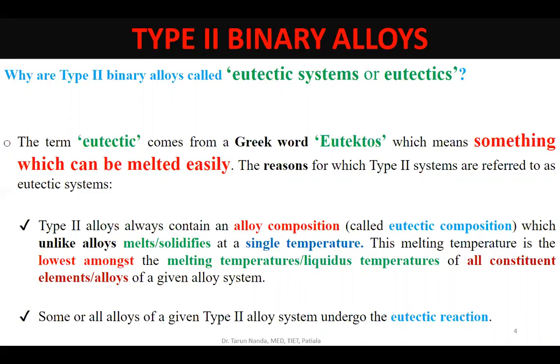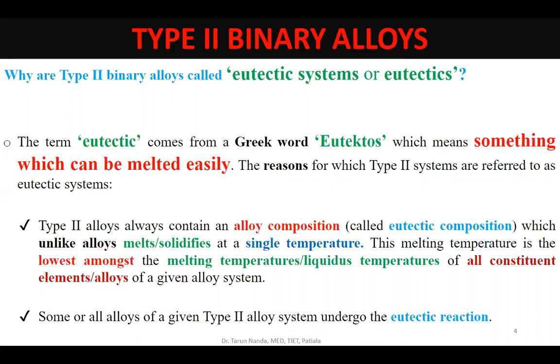This unique composition is referred to as the eutectic composition because it melts easily, right? For this reason, type 2 systems are called eutectic systems, because they always contain a composition called the eutectic composition. Point number 2, there is a reaction which we'll cover after some sessions called the eutectic reaction.